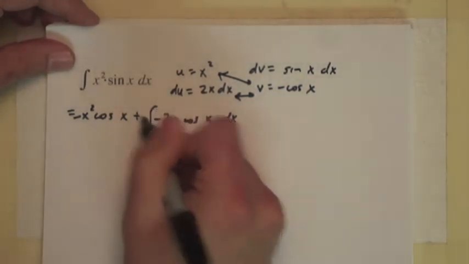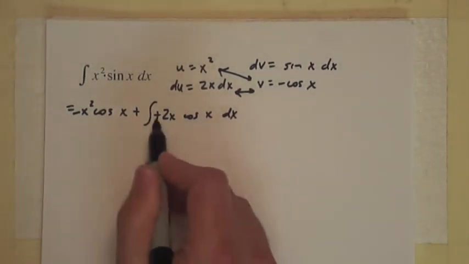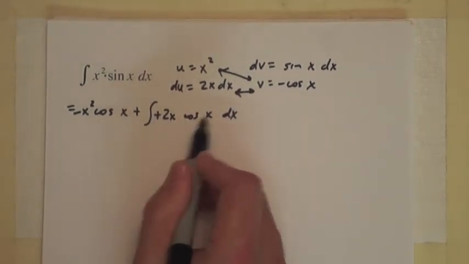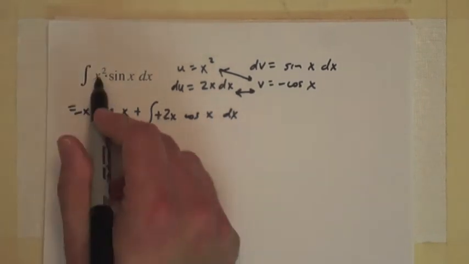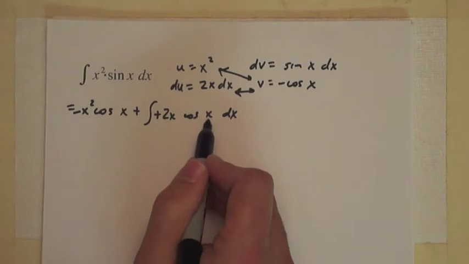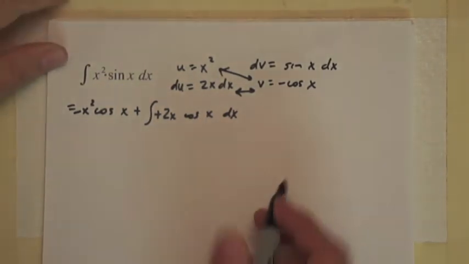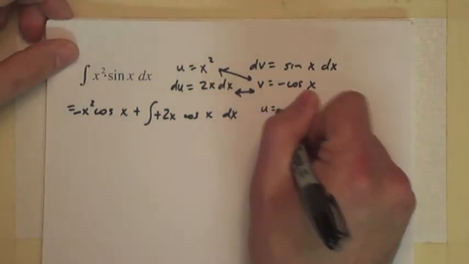So I'm going to make this a plus, a positive. Now, what about this? This integral is a little bit simpler. It has an x, not an x squared, but it's not obvious how to do this right away. We're going to have to use integration by parts again on this integral. So let's do it again.